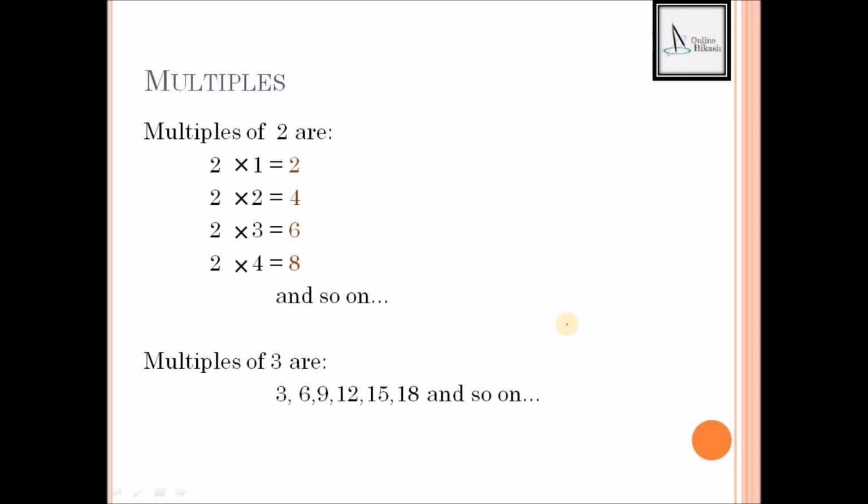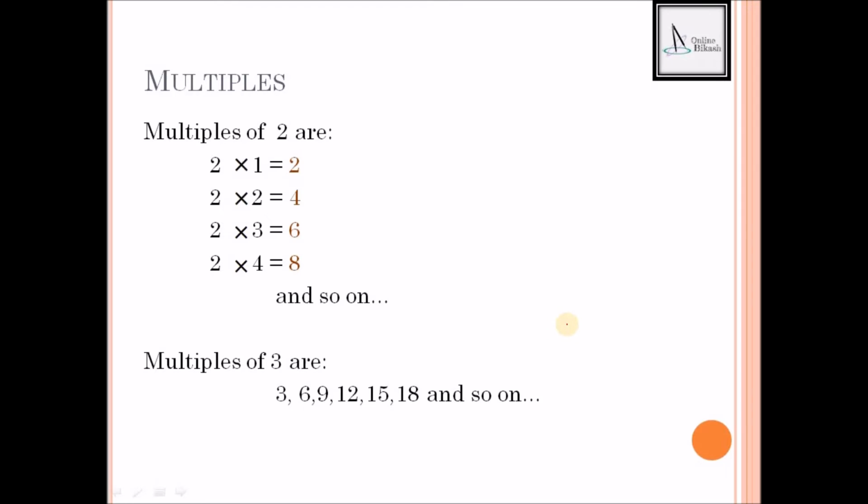now say multiples of 2. Very simple question. Multiples of 2 are what? If you have remembered the table, 2 1s are 2, 2 2s are 4, 2 3s are 6, 2 4s are 8.